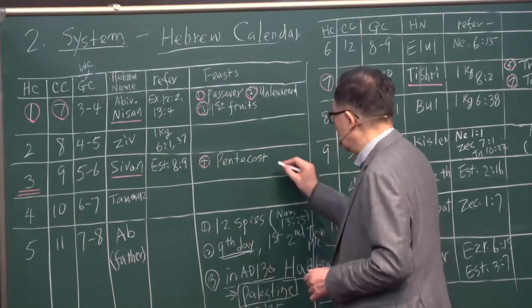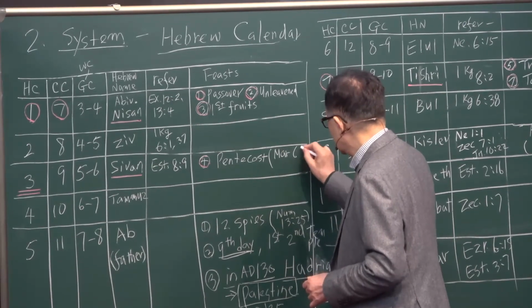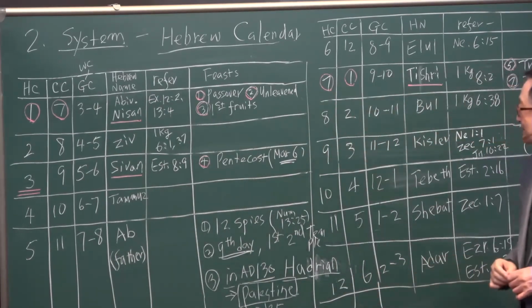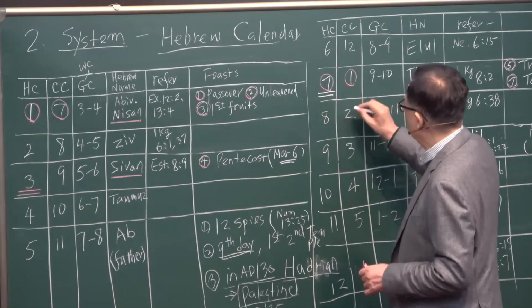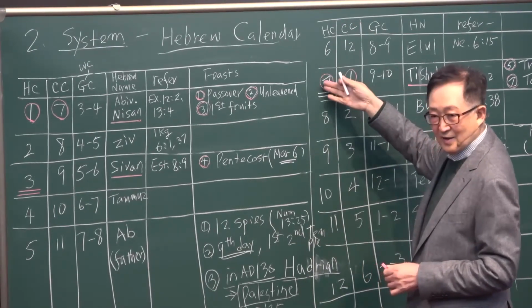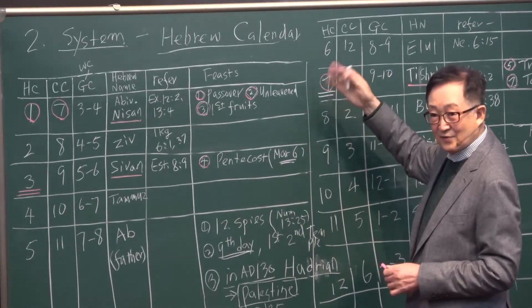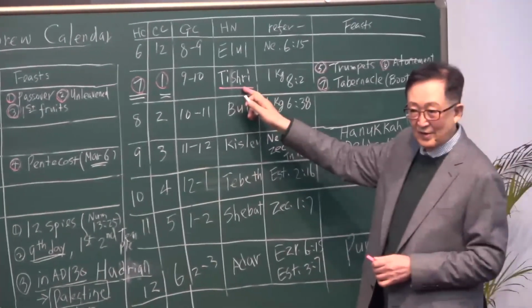Later we will study that it is their March 6th at the Pentecost. Now here, interestingly, July and January. Holy calendar, July. Okay. Not civil calendar. Holy calendar, July. Here, month of Tishri, we call it.